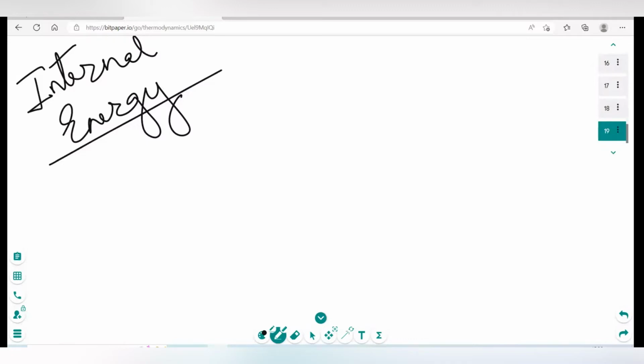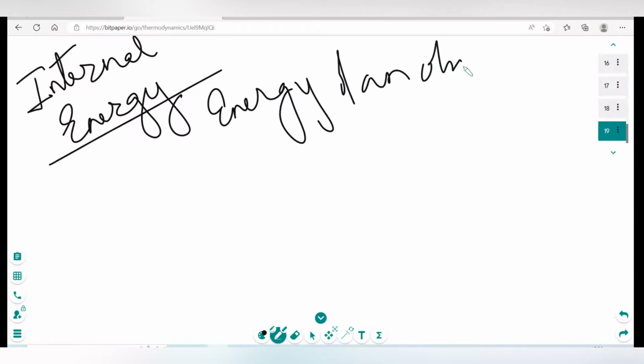Okay. So basically, Swapnil, when I'm talking about internal energy, it is actually the energy of an object as a whole. If there's an object, any object, say a mobile, I will consider that system as a whole.